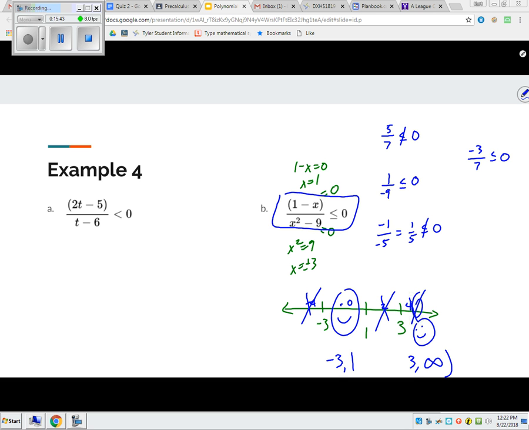And if that's my rule, that I'm not able to touch numbers, and that's where I have to put parentheses, then I also need to keep in mind that I'm dealing with a fraction right here, and I am not allowed to have 0 down here. It makes it so it's undefined. So I'm not allowed to touch -3 or 3 either.